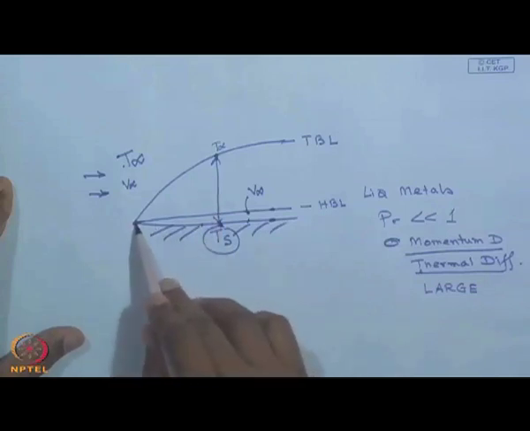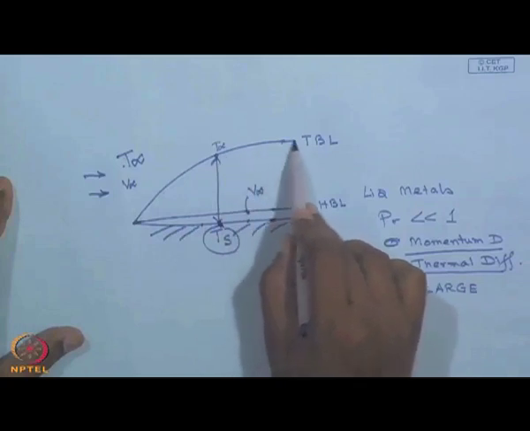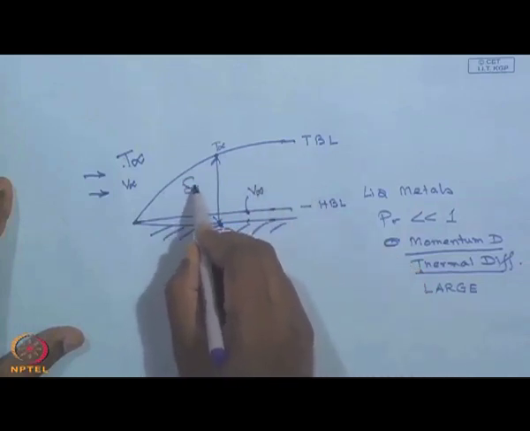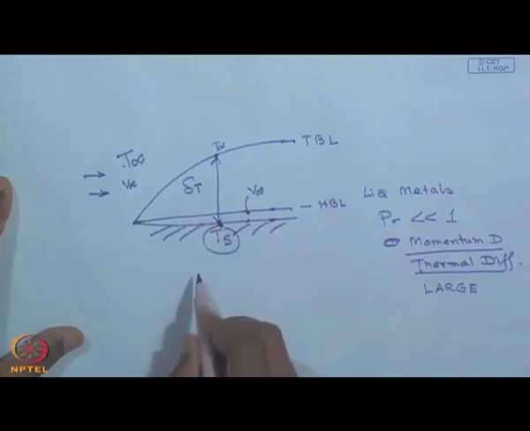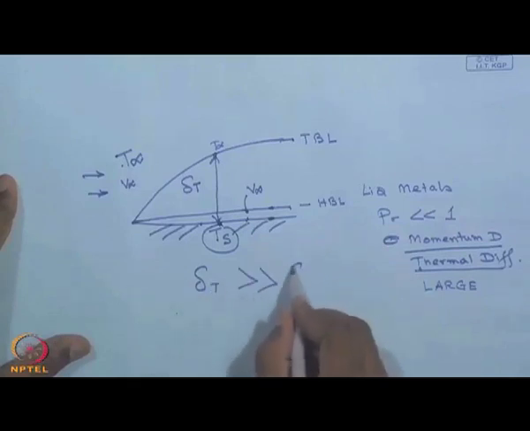So, there is going to be simultaneous development of hydrodynamic boundary layer and thermal boundary layer. For the case of liquid metal, we can say that delta T, that is the thickness of the thermal boundary layer, is going to be much greater than the thickness of the hydrodynamic boundary layer.